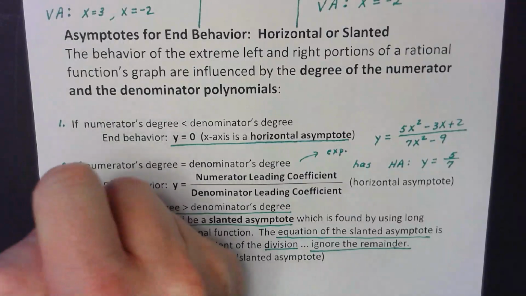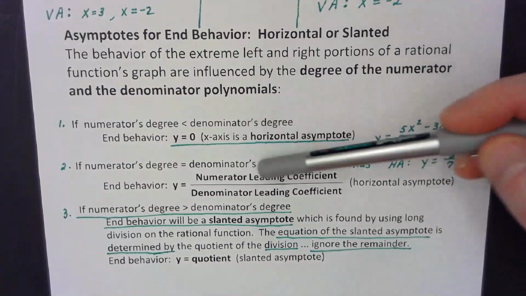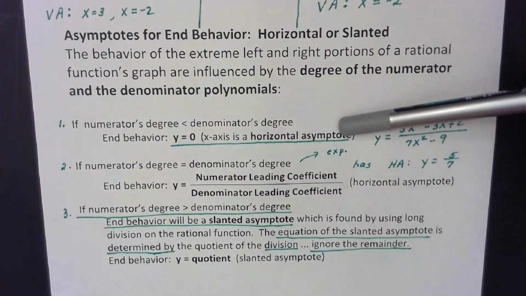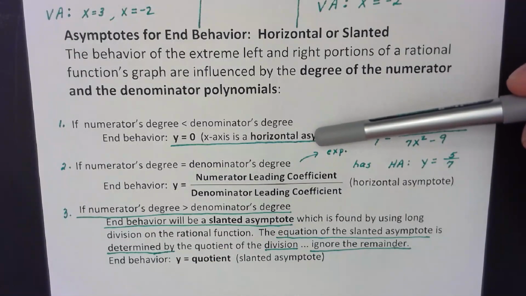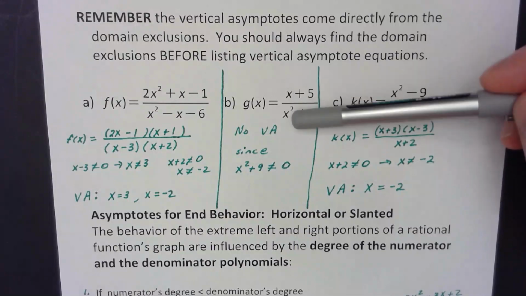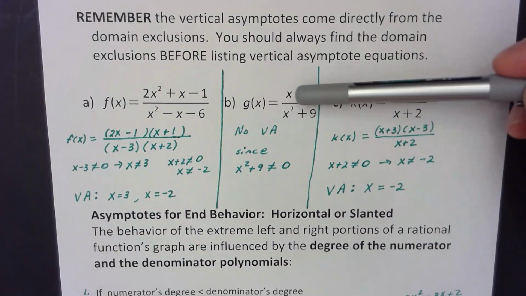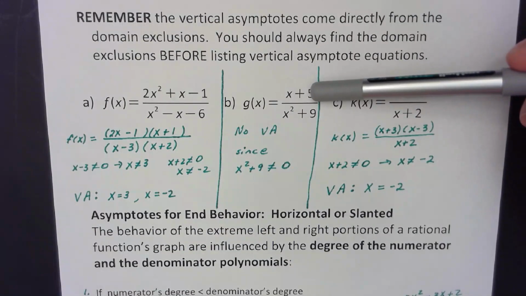This is case 3. So your first two cases: if the numerator's degree is less than the denominator's degree, y equals 0 is going to serve as your horizontal asymptote. The reason you need to think about that is, if your numerator's degree is less than your denominator's, like this problem right here, and x got large, your denominator is going to be way larger than your numerator. Let's say even at 1,000,000, your numerator would be 1,000,000 plus 5.